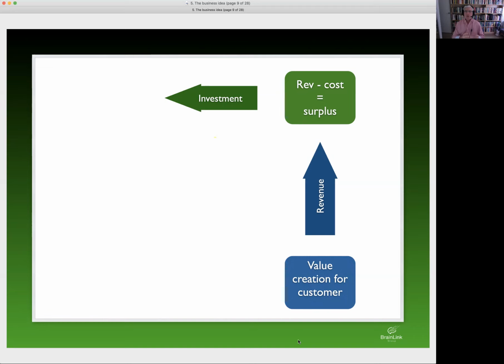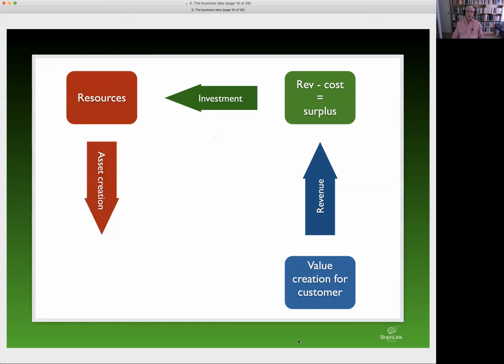And the balance between that is your surplus. And by definition, that's the funding that you have to undertake any investments that you might make to either change, improve, increase the size of your organization. So your revenue minus your costs generates a surplus, which is used for investments.